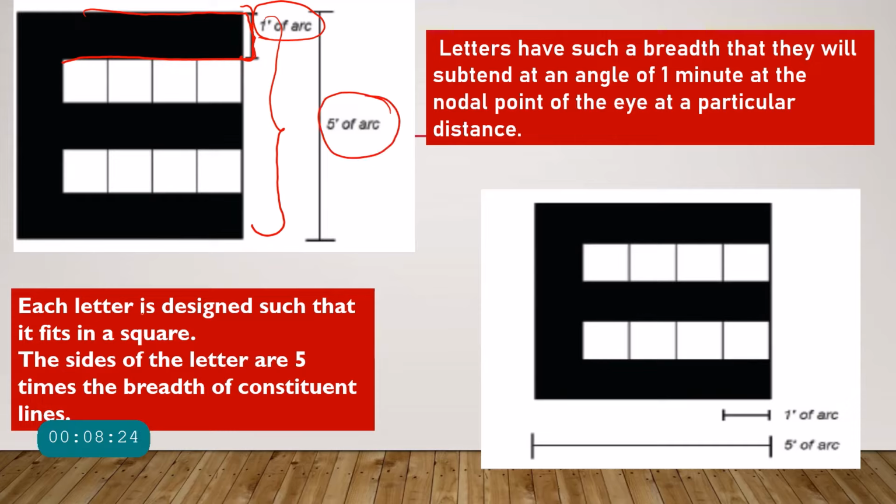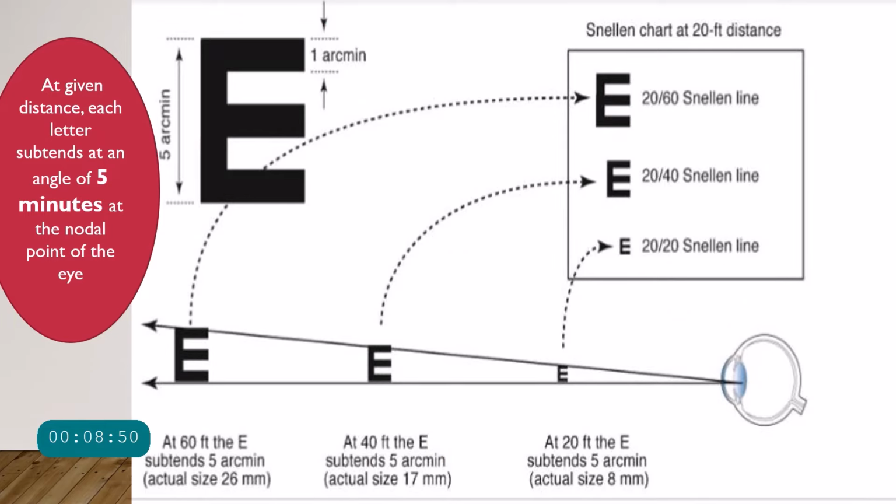So each letter is designed in such a way that it fits a box or a square, and the sides of each letter are 5 times the breadth of the constituent line. So if the constituent line is 1, the entire thing is 5. So this is how each letter is subtending an angle of 5 minutes of arc at the nodal point of the eye. That is very important.